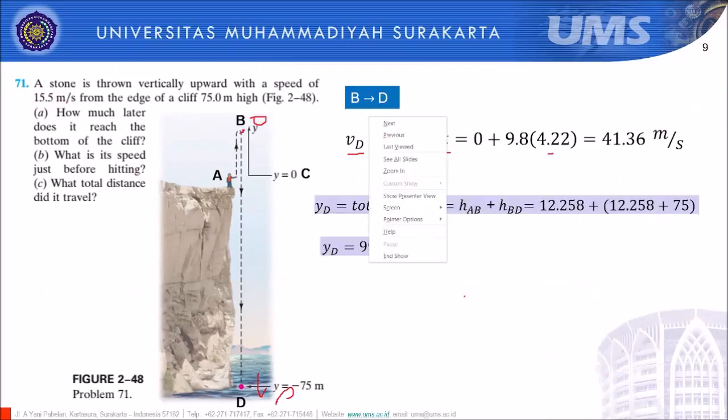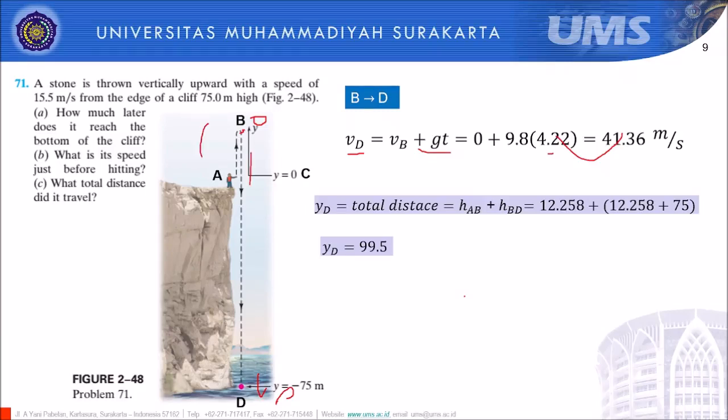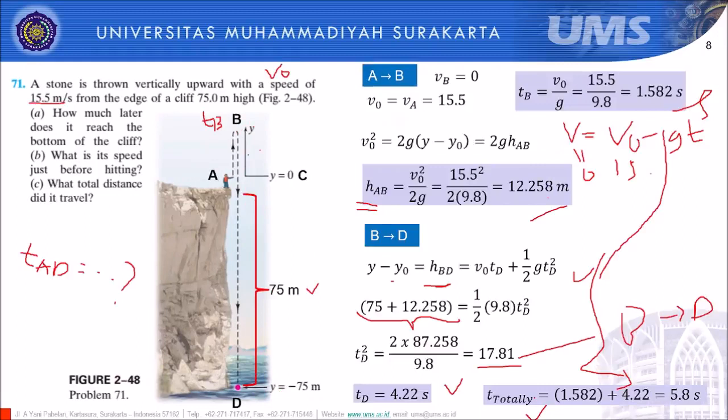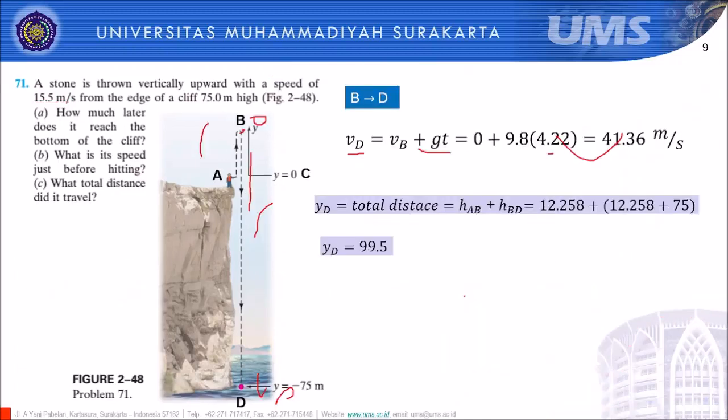So the total distance will be h_AB and the rest. So finally we have 99.5.